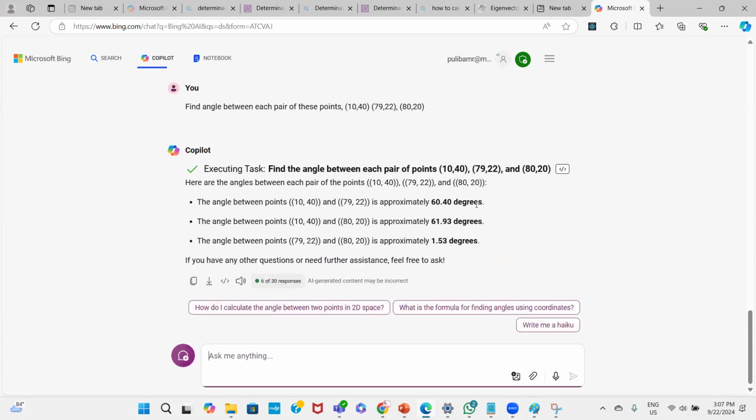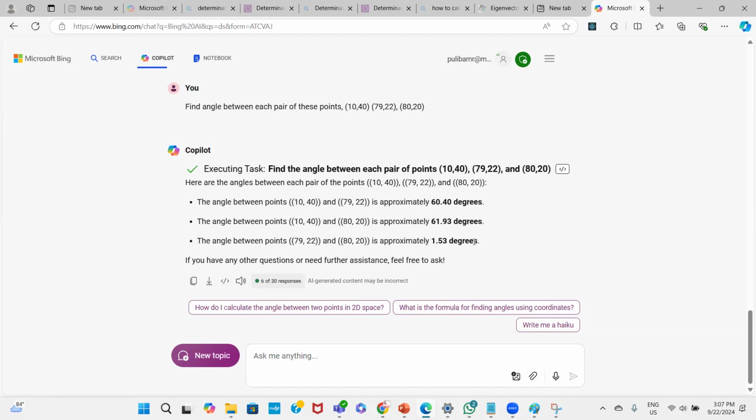By looking at these angles, 10, 40 to 79, 22 has 60.40 degrees, 10, 40 to 80, 20 is 61.93, but 79, 22 to 80, 20 has just 1.53. What does this mean? This point is far from 79, 22, but these two are closer.